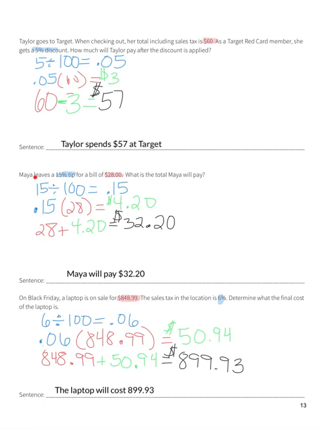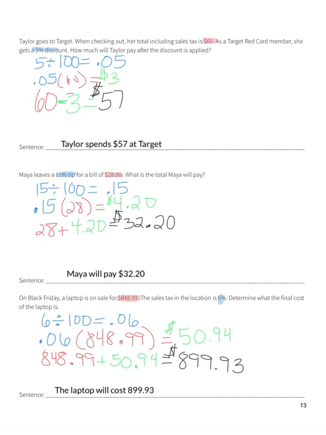The first one, we have Maya. She leaves a 15% tip for a bill of $28. How much is she going to pay? Step 1, convert my percent to a decimal. Step 2, multiply my decimal by the whole amount. It gives me an answer of $4.20.